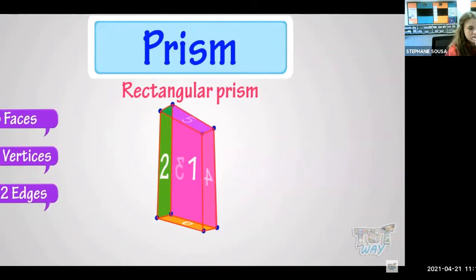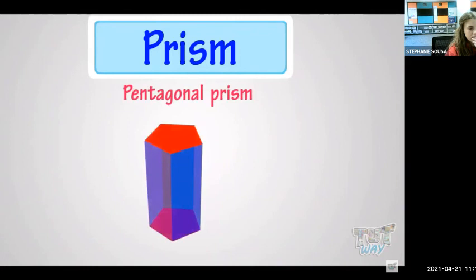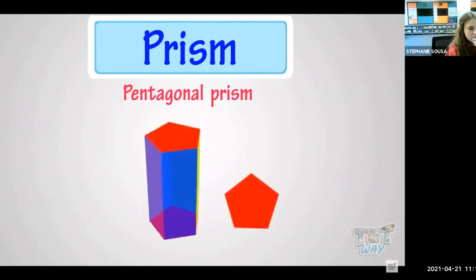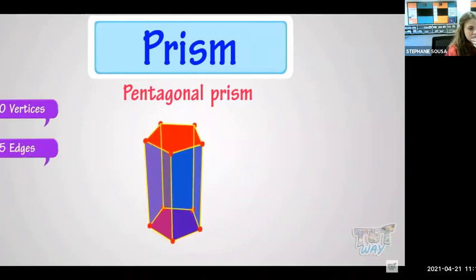Now, let's learn another type of prism. This is a pentagonal prism because its top and bottom faces are pentagon in shape, and all other faces are rectangular. It has 10 vertices, 15 edges, and 7 faces.